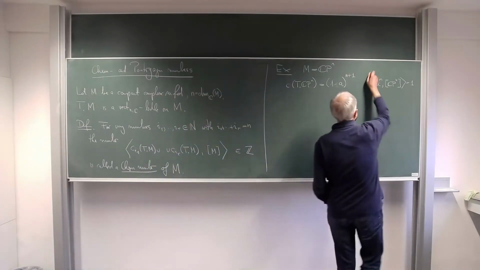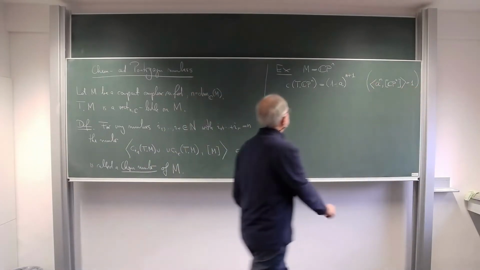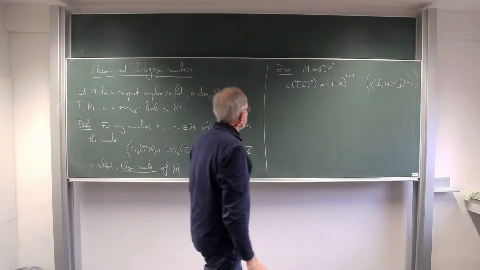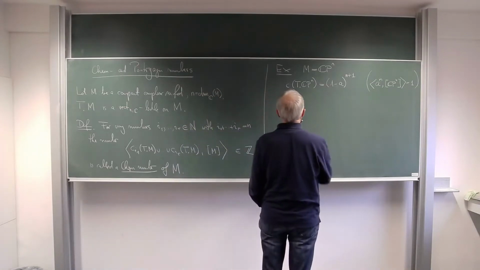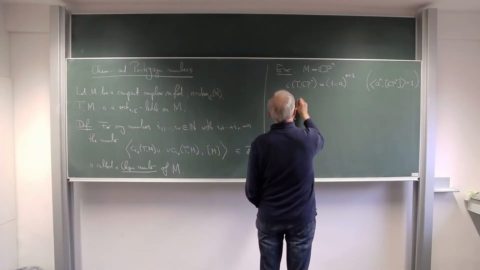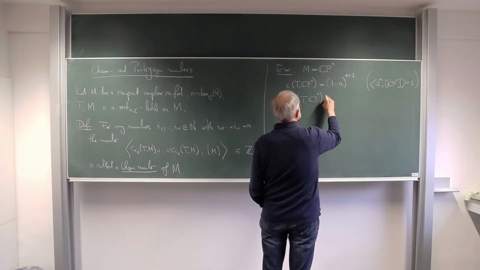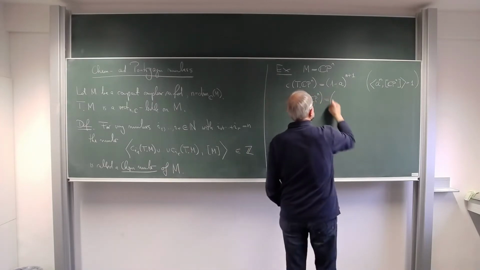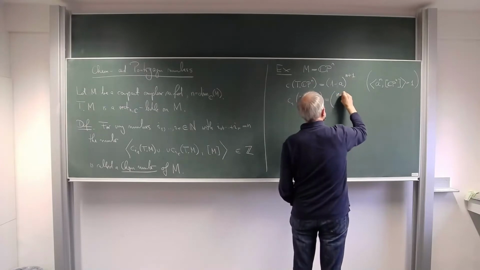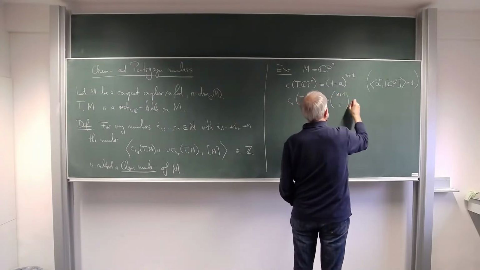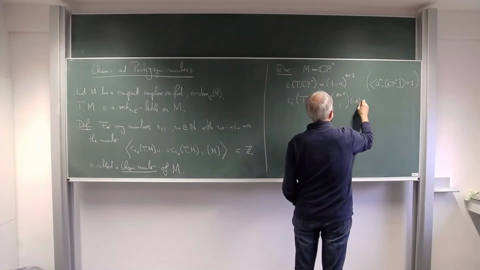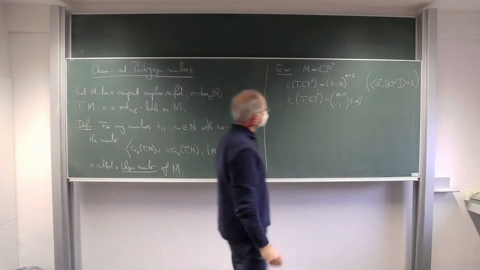So then the i-th Chern class will be n+1 choose i times (-a)^i.